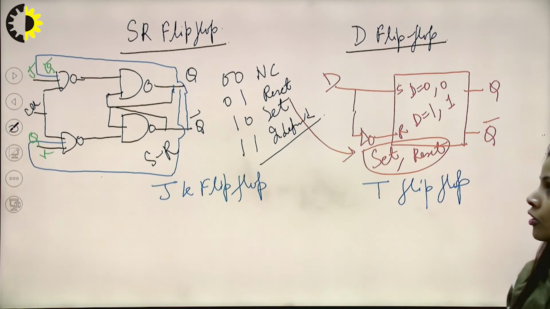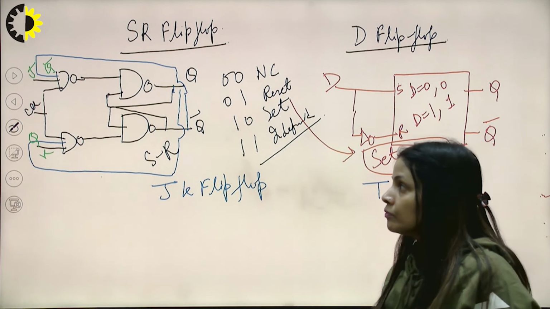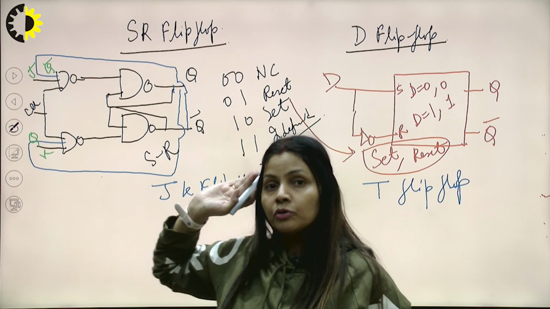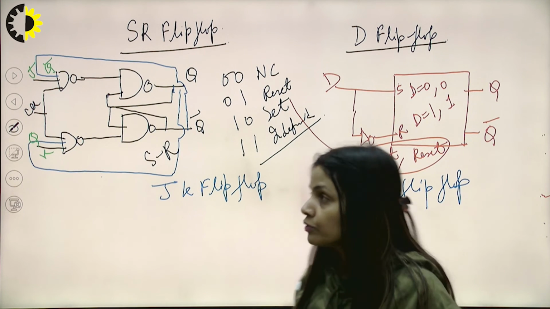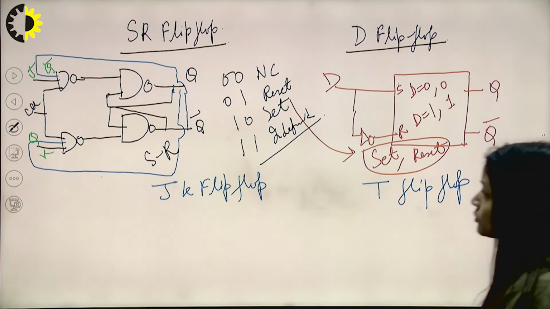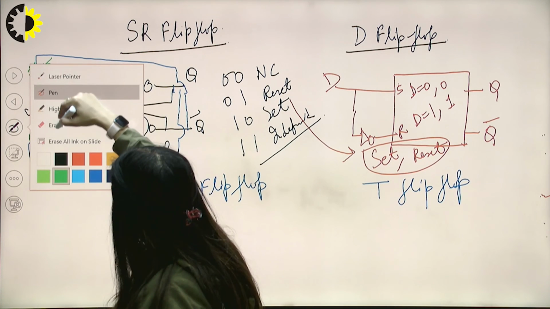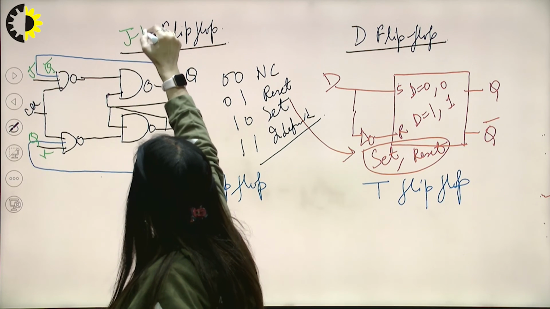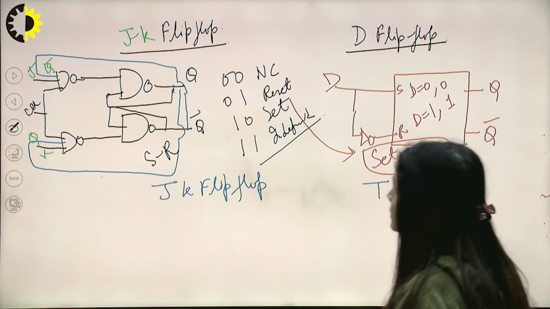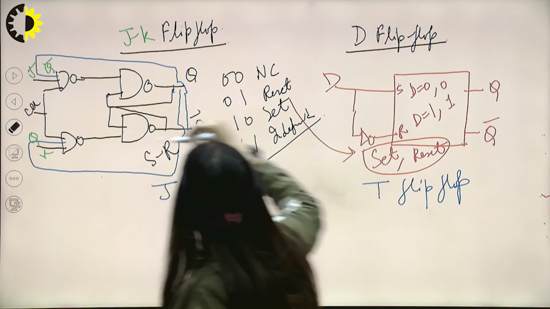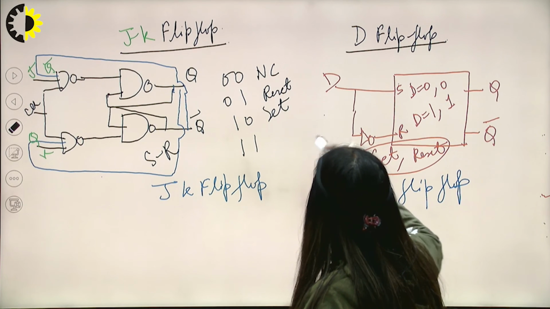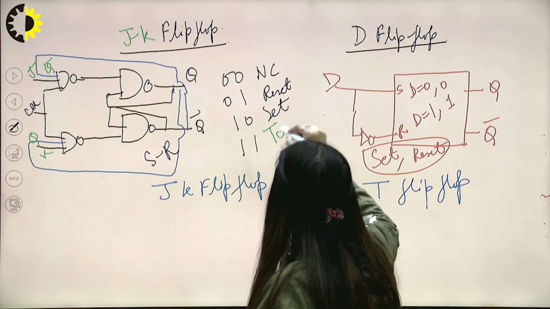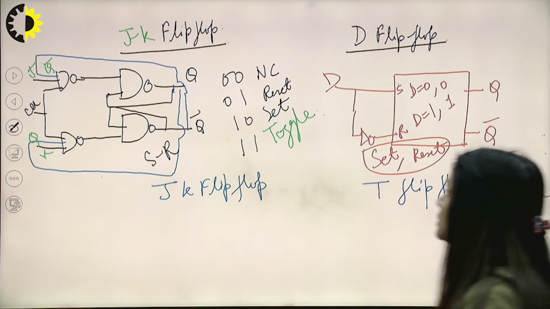So for the JK flip-flop, we can provide an extra feedback from the output to the input, and hence we can convert this to a JK flip-flop. So now, instead of SR, this is a JK flip-flop, and the undefined condition which we were getting earlier is now converted to the toggle state, right?